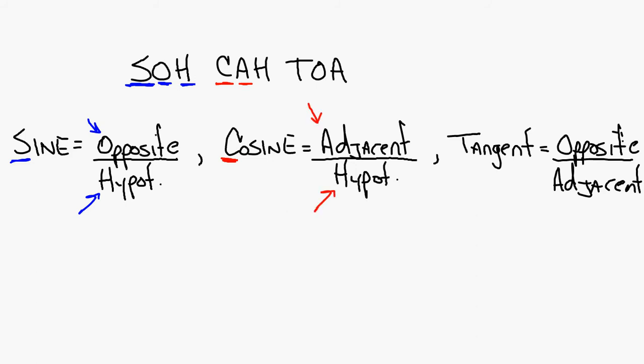And in the TOA, the T is your tangent equals your opposite over your adjacent. Those are your three trig ratios.